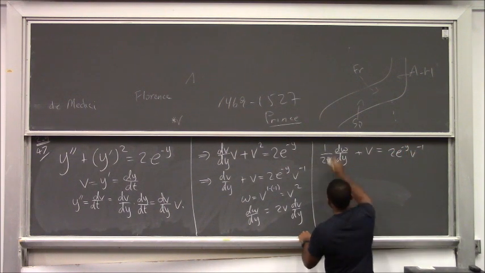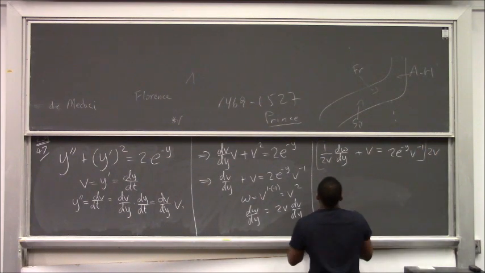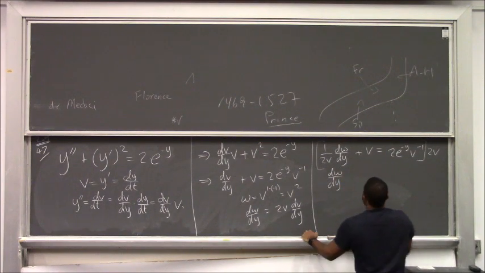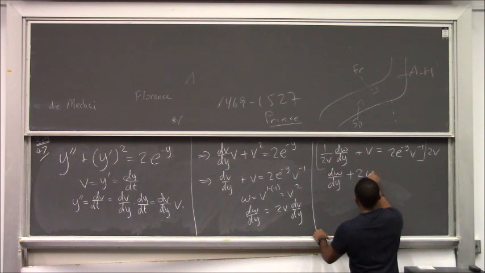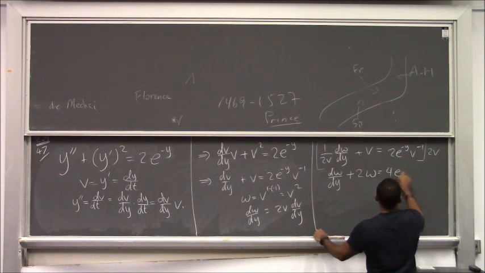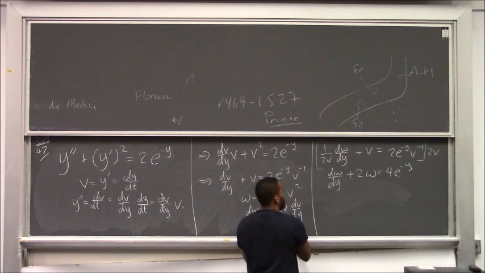And what we did was we multiplied everyone by 2v. So this became dw/dy. This became 2v squared, but v squared is w, so that's just 2w. And this just becomes 4e to the minus y. So that became a first order linear differential equation.